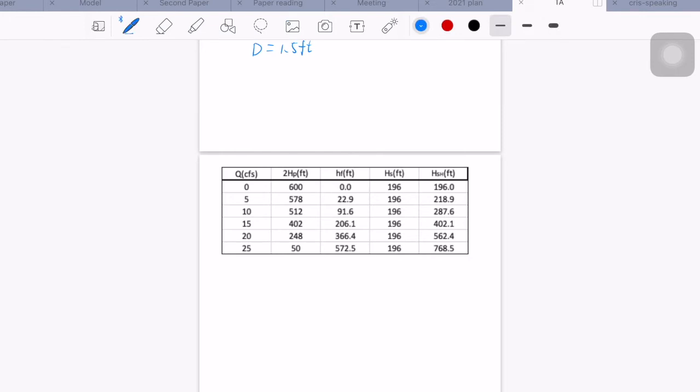But we need to note that since the two identical pumps are used in series, the heads are doubled.